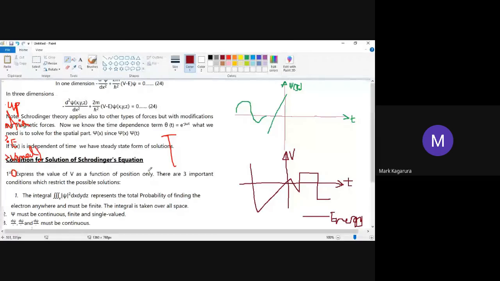Now, these conditions are important, first of all, because if you derive something, they've put restrictions already as you're deriving it.